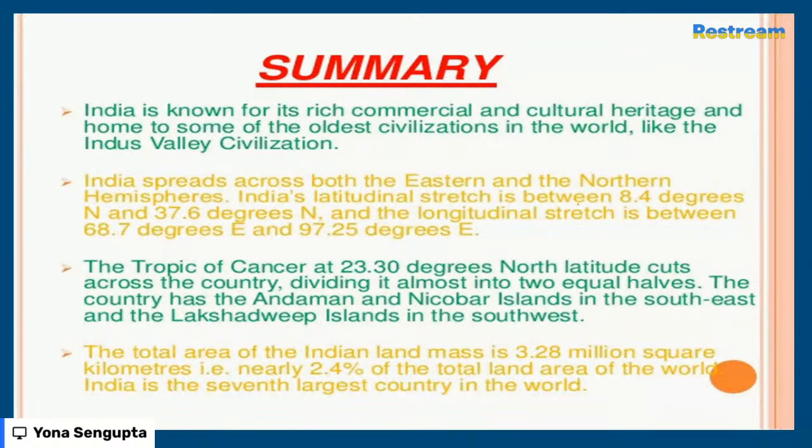India's latitudinal stretch is between 8.4 degrees north and 37.6 degrees north, and its longitudinal stretch is between 68.7 degrees east and 97.25 degrees east. The Tropic of Cancer at 23.30 degrees north latitude cuts across the country, dividing it almost into two equal halves. The country has the Andaman and Nicobar Islands in the southeast and the Lakshadweep Islands in the southwest.